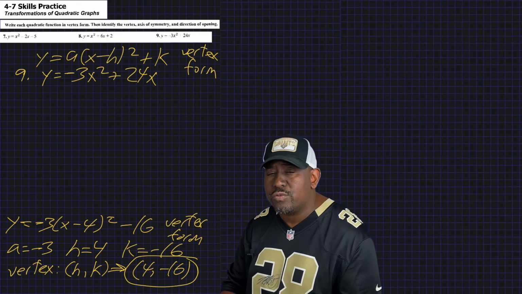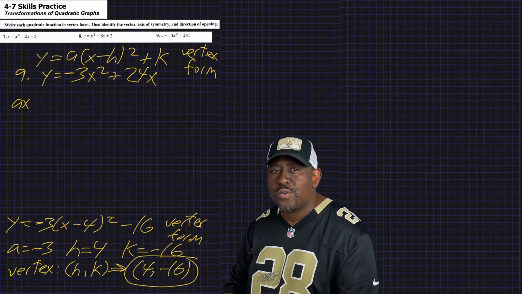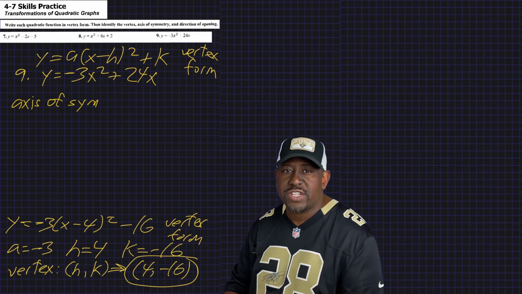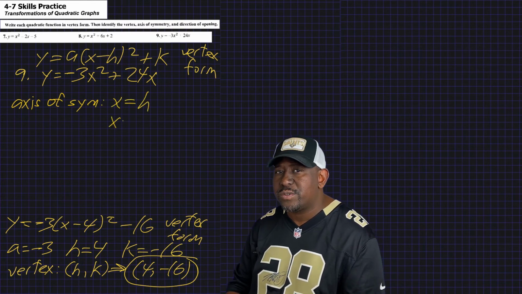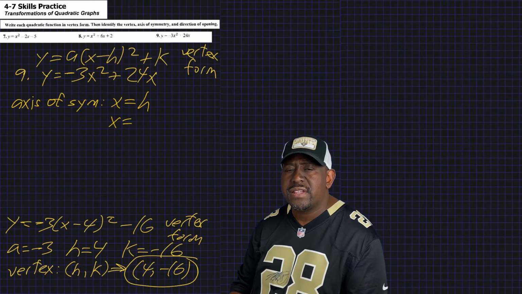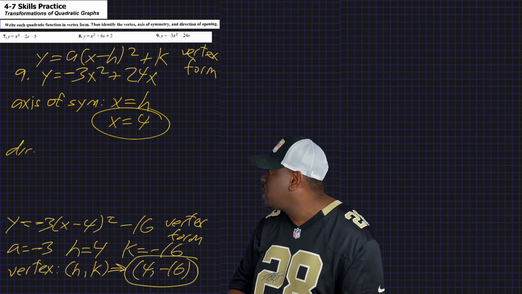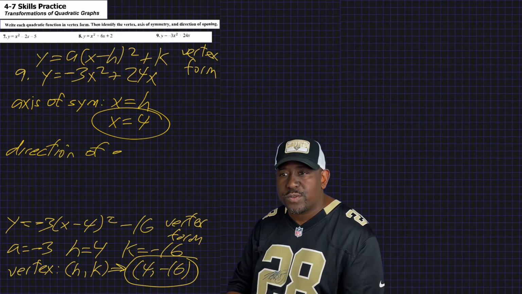And now, as you know, what is the formula for our axis of symmetry? Well, it's going to be x equals h, as we've done before. So we know that the axis of symmetry is a vertical line that splits the parabola into two mirror images, so to speak. And so in this problem, x is equal to 4 because h is equal to 4.